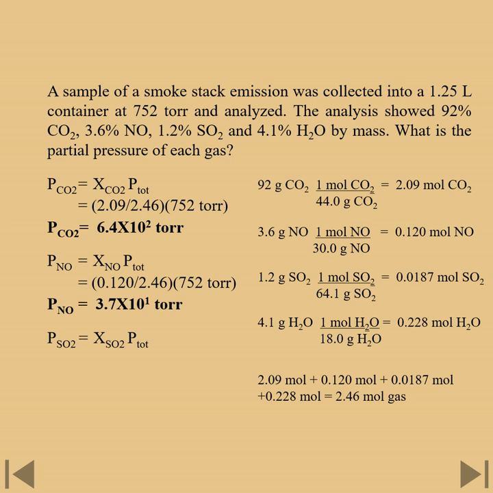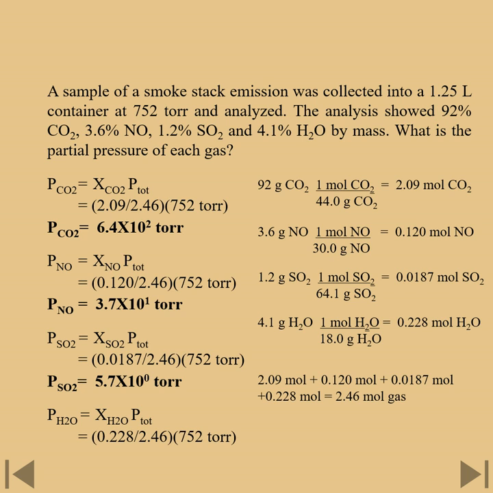Same with the partial pressure of the sulfur dioxide, its mole fraction, so its number of moles divided by the total number of moles times the total pressure. And lastly, water has its mole fraction, which is its number of moles divided by the total number of moles times the total pressure.